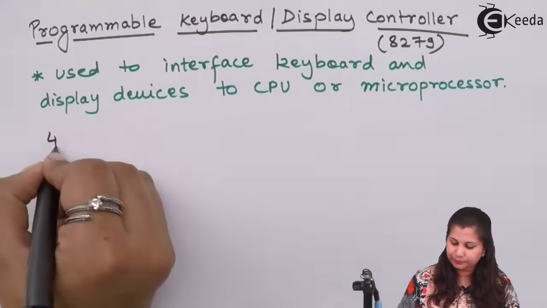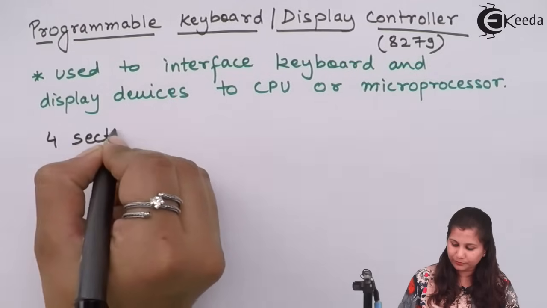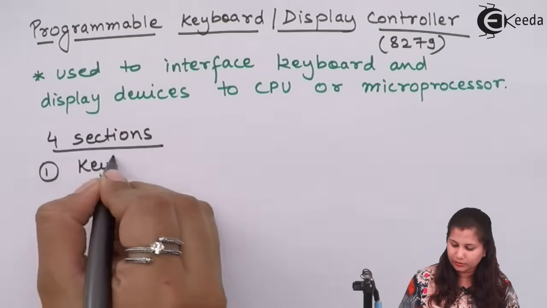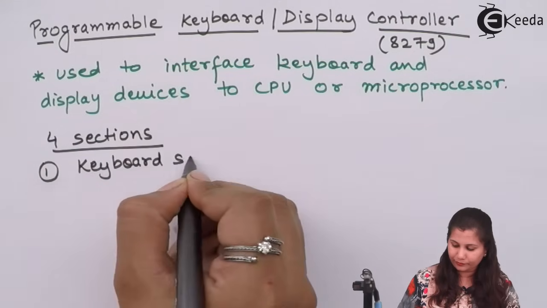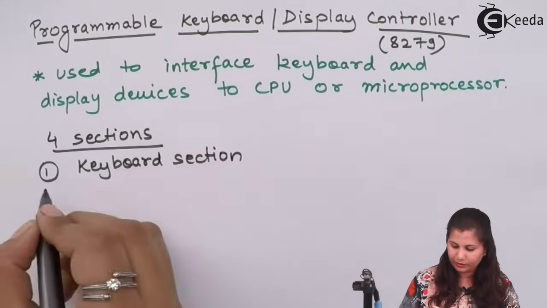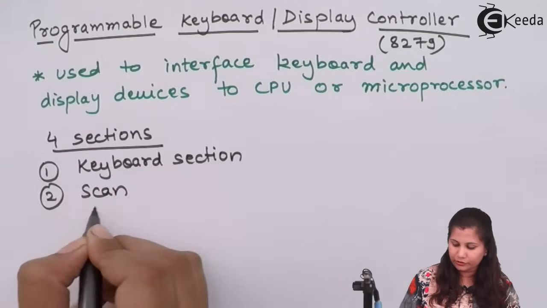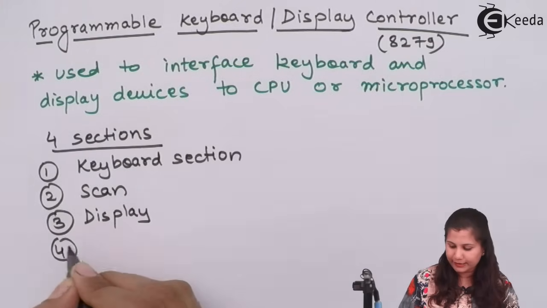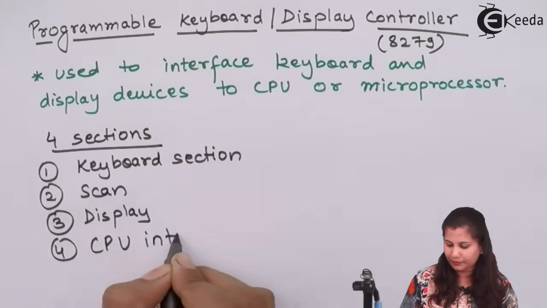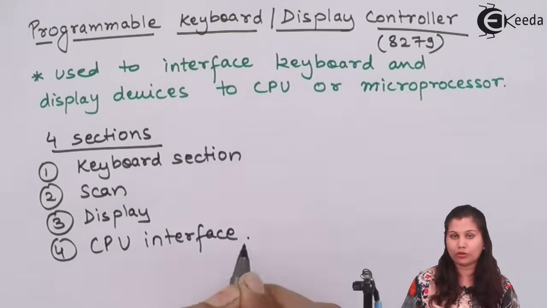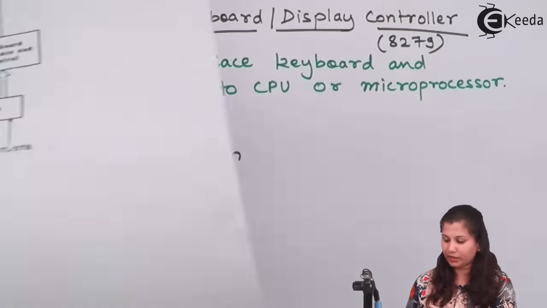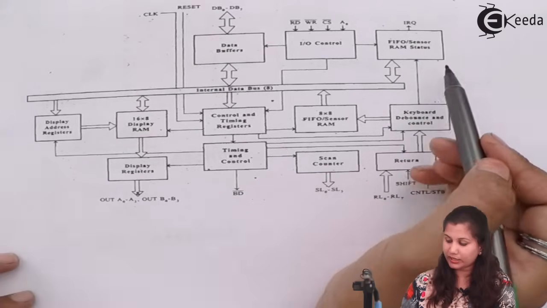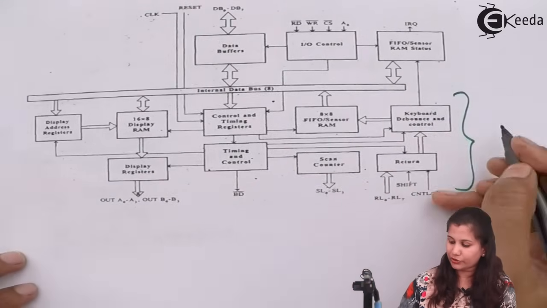So we can say the 4 sections are: first is keyboard, second is scan, third is display and fourth is CPU interface. In the block diagram, the keyboard debounce and control, return and FIFO sensor RAM status form the keyboard section.